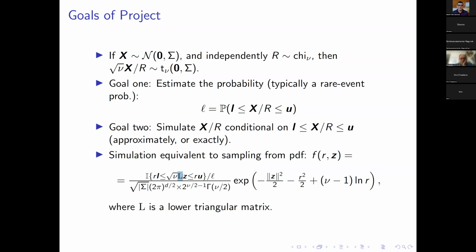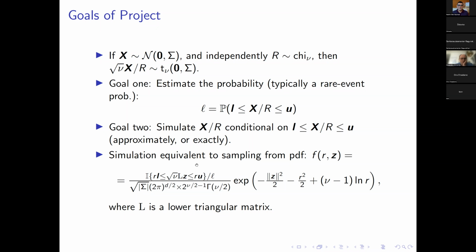So this matrix L, typically it is something like a Cholesky decomposition of the covariance matrix sigma. So it is a lower triangular matrix. This matrix L is derived from sigma. It's not always necessarily a Cholesky factor, but let's assume it is a Cholesky factor. So it is either a lower or upper triangular matrix.